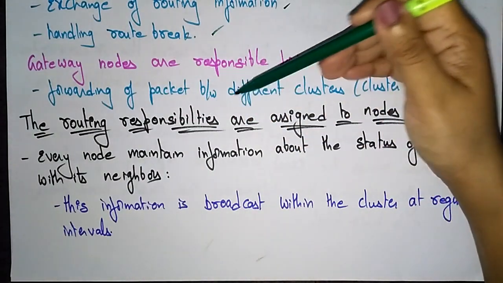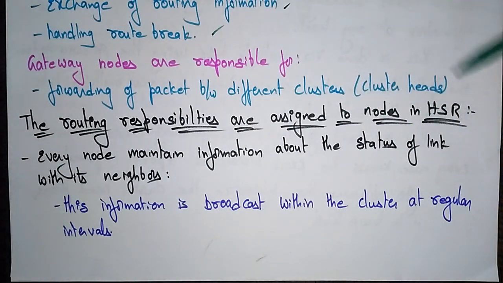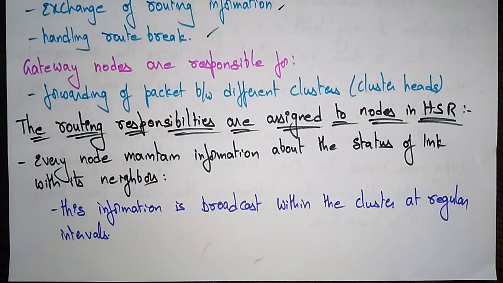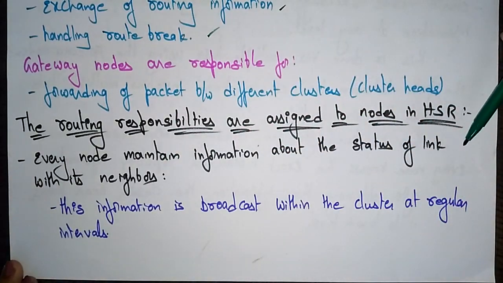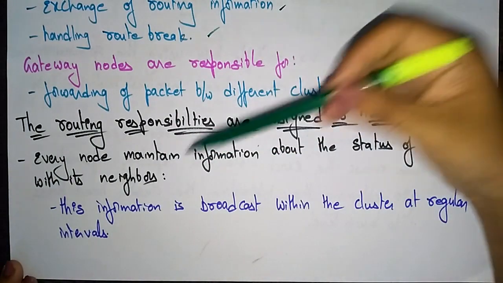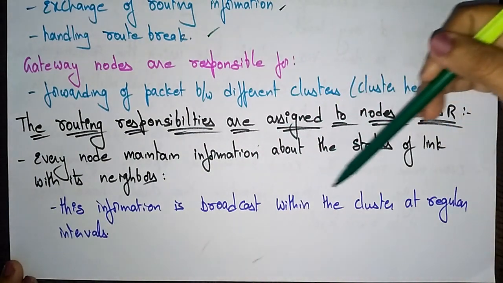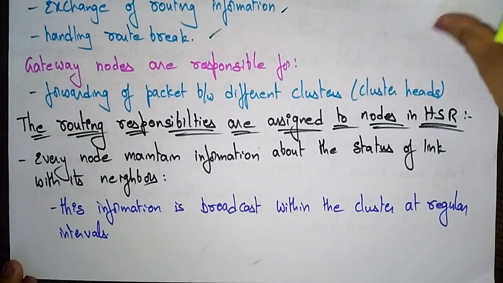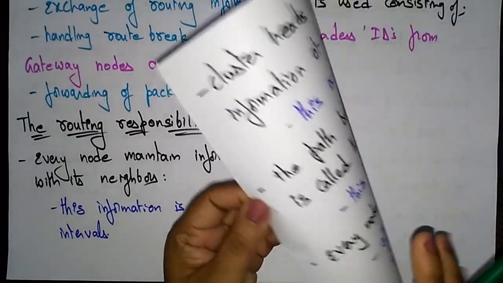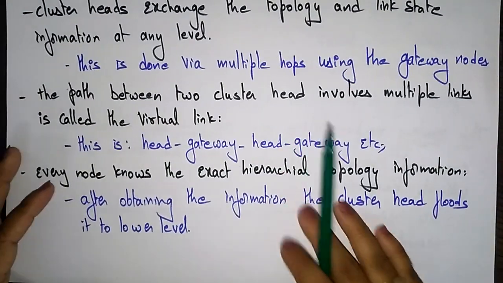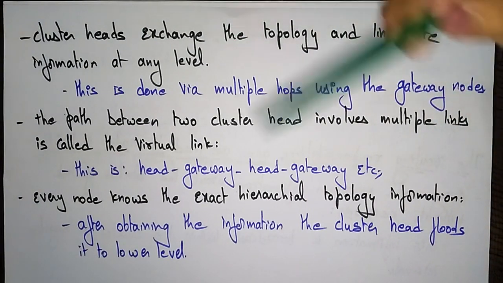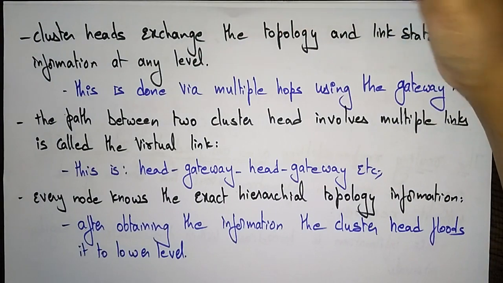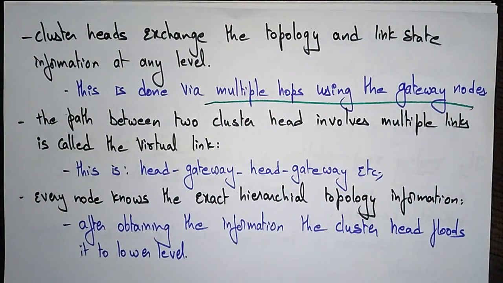Next, how are the routing responsibilities assigned to nodes in HSR? Every node maintains information about the status of the link with its neighbors. This information is broadcast within the cluster at regular intervals. The cluster heads exchange the topology and link state information at any level. This is done via multiple hops using the gateway nodes.